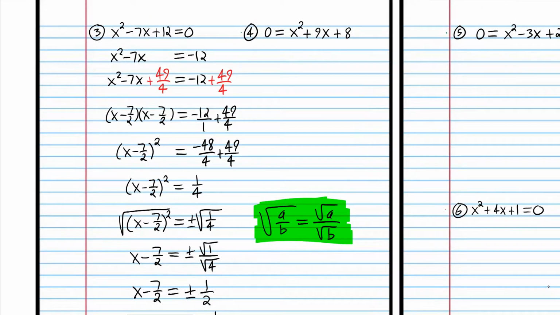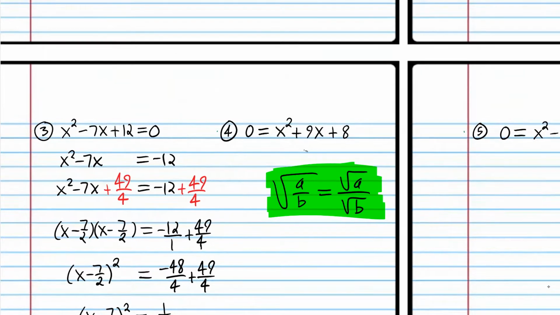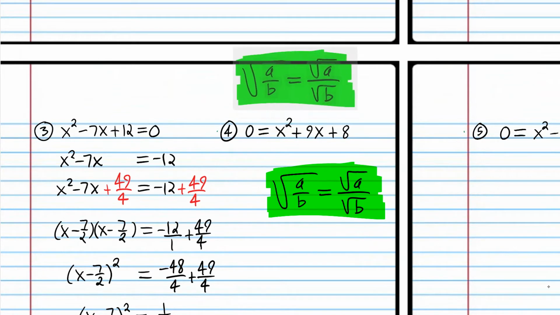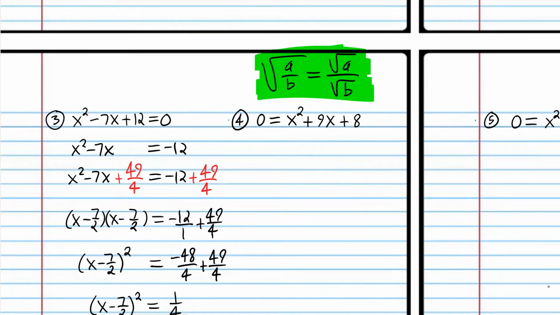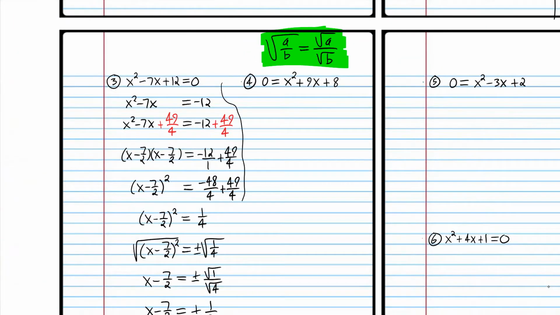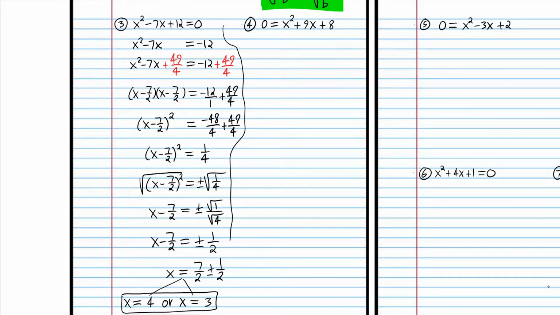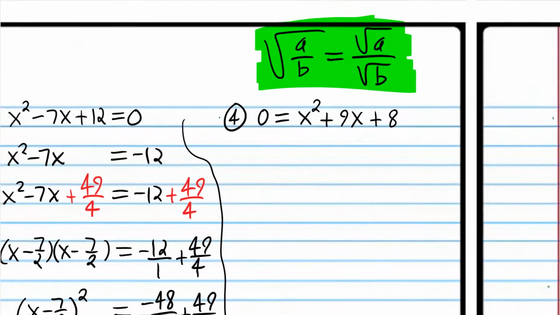If you didn't pay attention to all that, then there's no way you're going to be able to do problem number 4. So if you get stuck, that's okay, but don't just give up. You have to go back to the previous problems and make sure that you figure out how to do each step, because we're using a lot of math here. So go ahead and try number 4.